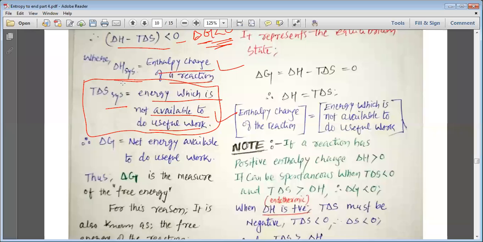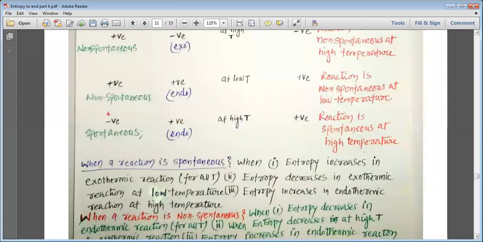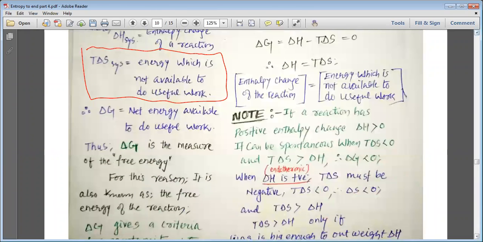So my dear students, the term T delta S is the energy which is not available to do the useful work. That is created due to the randomness of the system, and therefore delta G is equal to the net energy available to do the work.